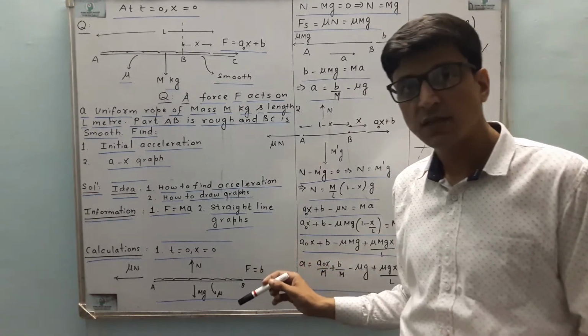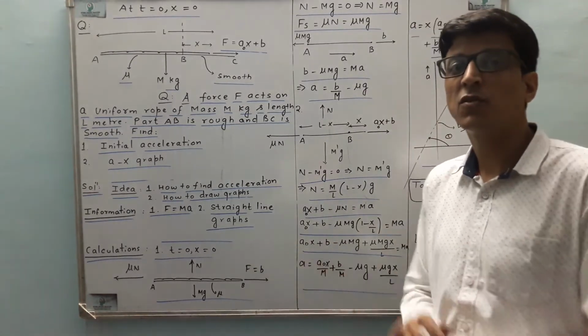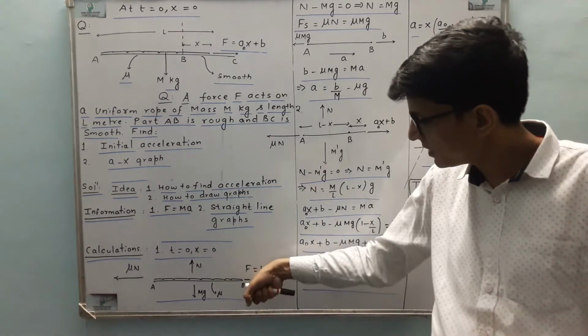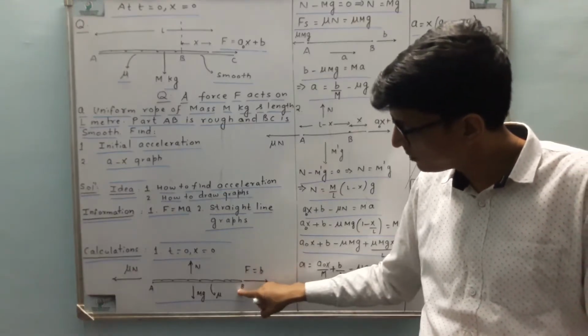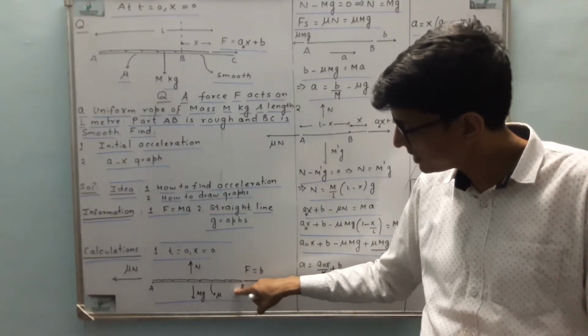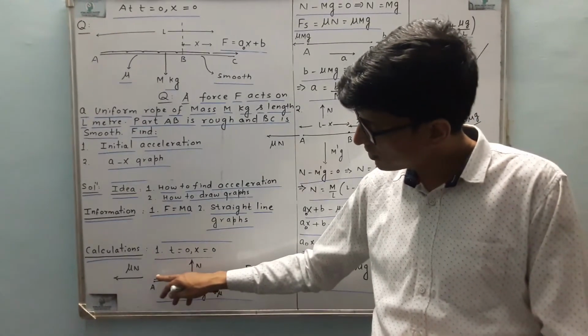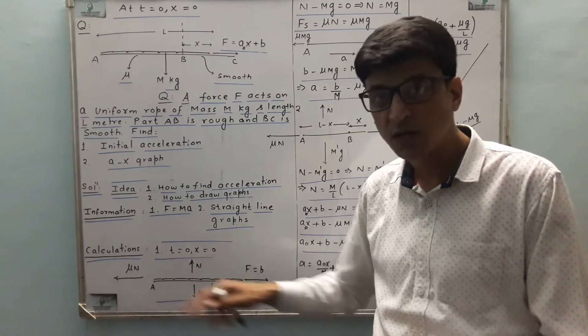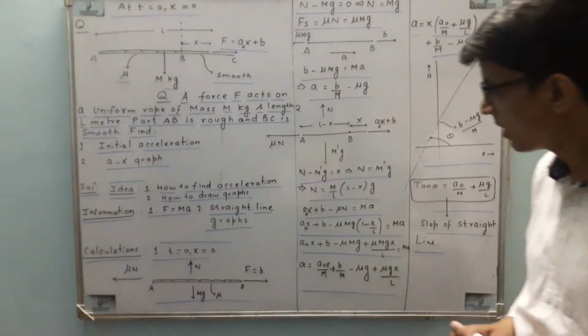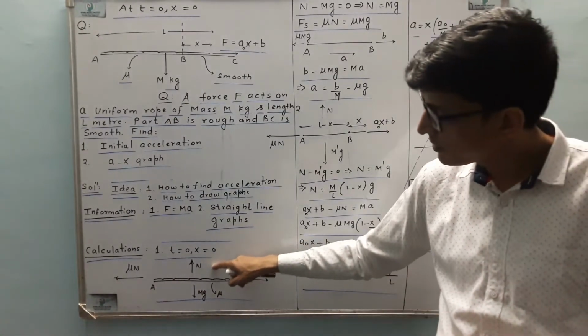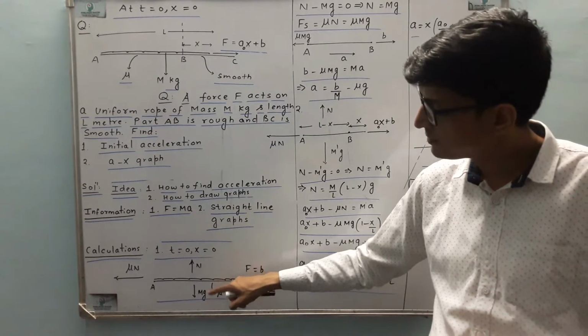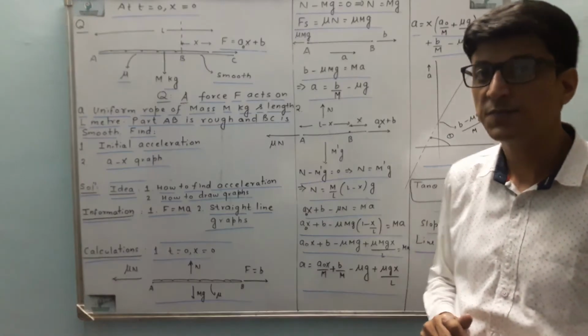I assume that the force is sufficient to make the rope move. So this force will try to make the midpoint B move towards right. So friction by this surface on the rope will act towards left. The normal reaction will be vertically upward and the weight mg will be vertically downward.